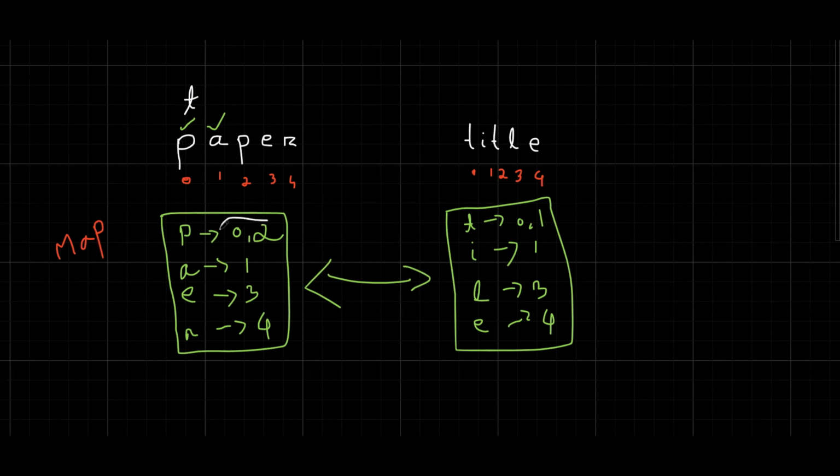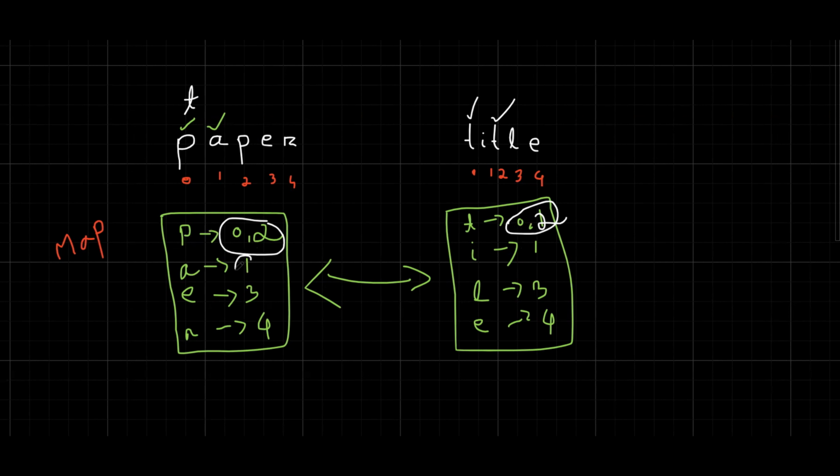The order of P is 0, 2, and the order of T is also 0, 2. Sorry, there is a mistake. T appears here and here, so it is 0, 2. So we can say that the order of P is equal to the order of T.